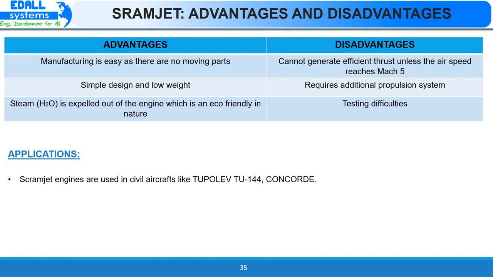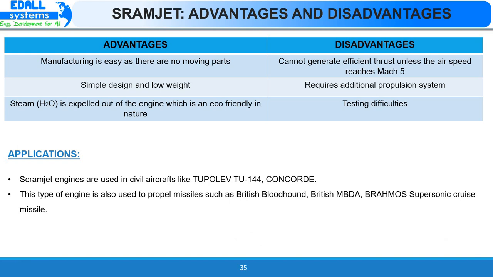Scramjet engines are used in civil aircrafts like Tupolev 144 and Concorde, etc. This type of engines are used to propel missiles such as BrahMos supersonic cruise missile, British Bloodhound, British MBDA, etc.